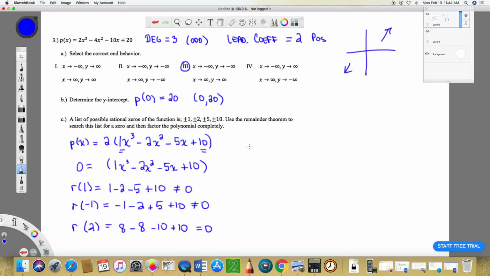So let's do synthetic division on this with 2. And I'm going to do synthetic division on the factored form. So I've got 1, negative 2, negative 5, 10. I'm fully expecting this to be a 0 over here, or I've made a mistake down here somewhere.